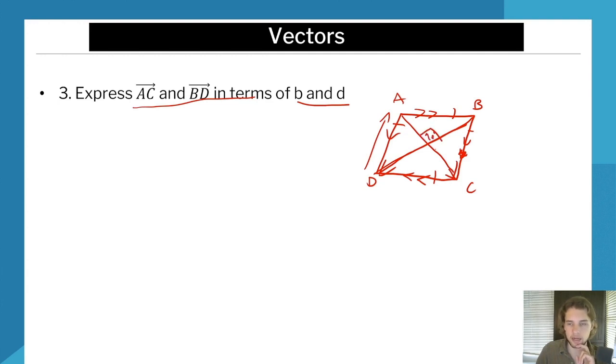We want to show that it's 90 degrees there. So let's put these two vectors in terms where we can relate them to each other. If we want to do A to C, let's first put it in terms of AB plus BC. So we go along this side and then along that side, and that's where the vector ends up. We can add them together, and that creates the vector A to C.